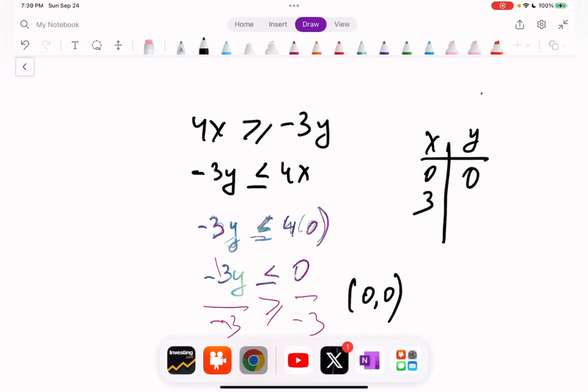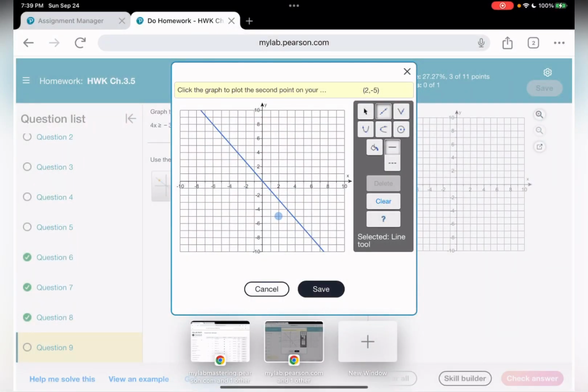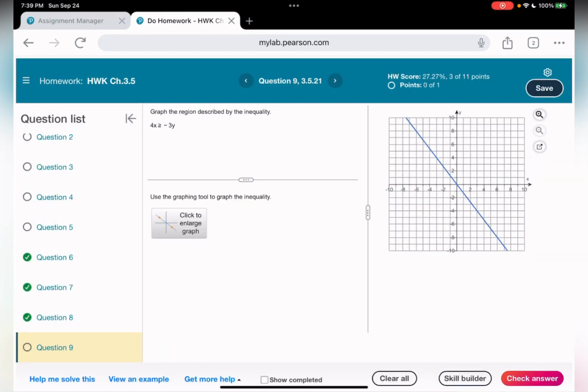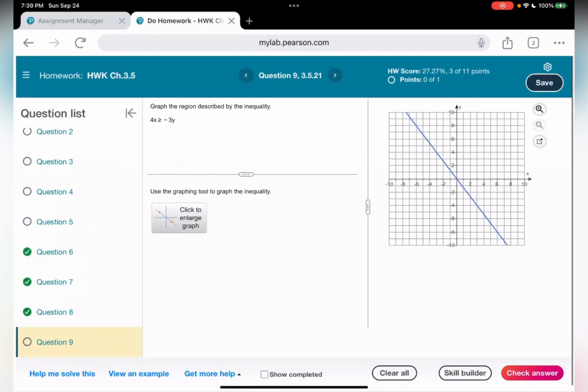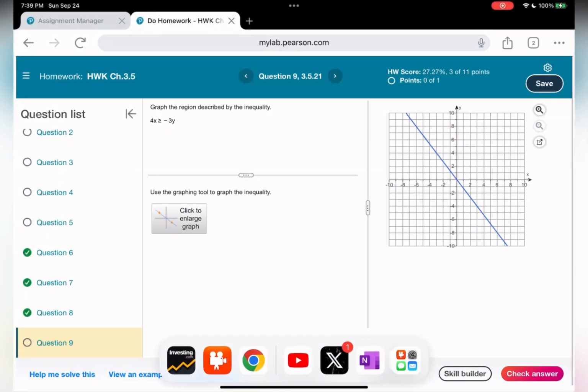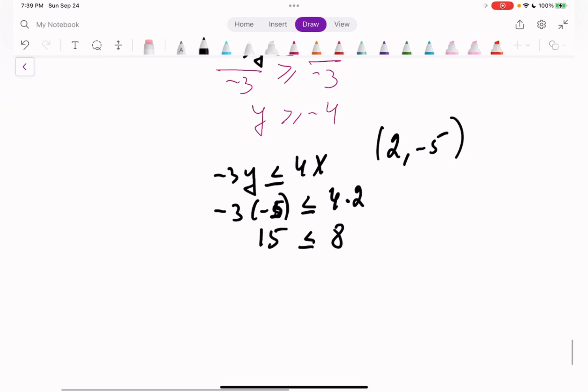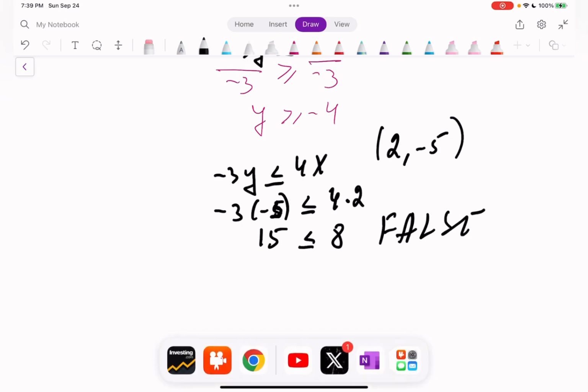One second, let me check. Yes, I had greater than, okay. So be careful, you can have less. You just follow the line. So 15 is less than or equal to 8, which is false, which automatically means it's going to be the other way, right?